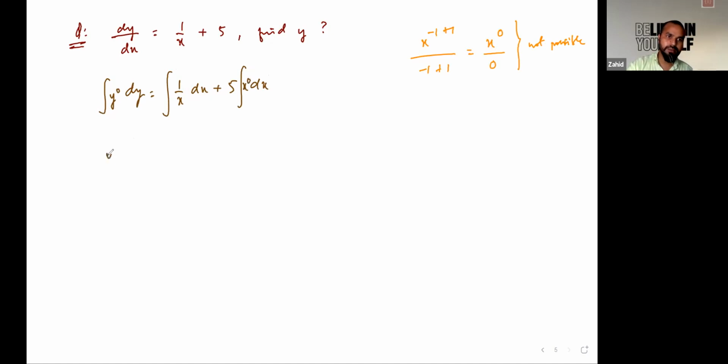So it will become y to the power 0 plus 1 over 0 plus 1. 1 over x integrated is log x, plus 5. Here x to the power 0 means 0 plus 1 divided by 0 plus 1. So your answer would be y is equals to log x plus 5x.